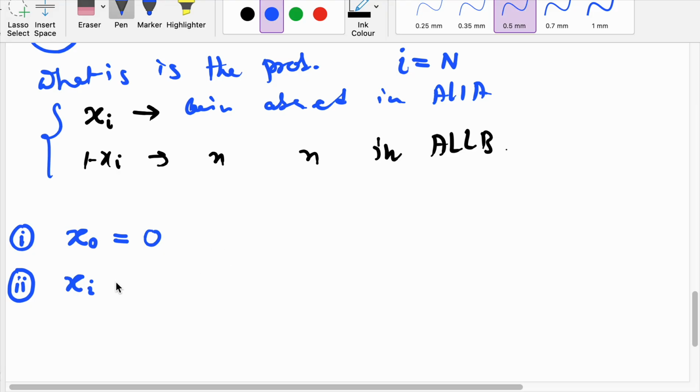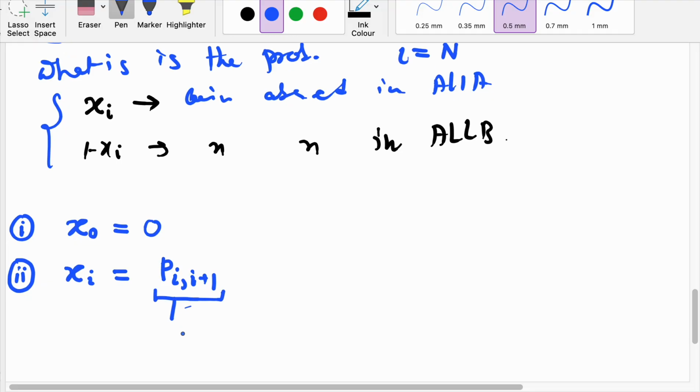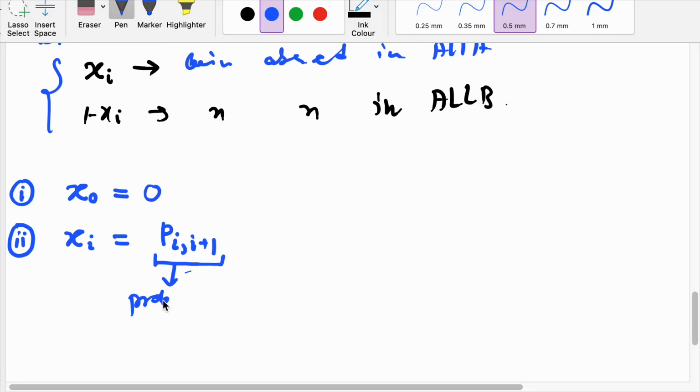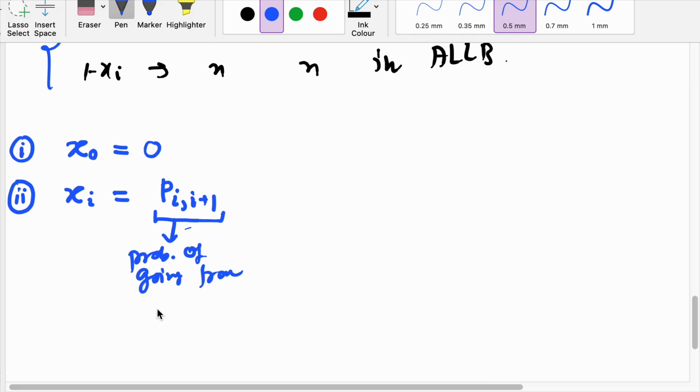It could happen that it goes to the i plus 1 state, with p i plus 1 the probability of going from i to i plus 1, and from i plus 1 it reaches total n state, so that probability will be x i plus 1.